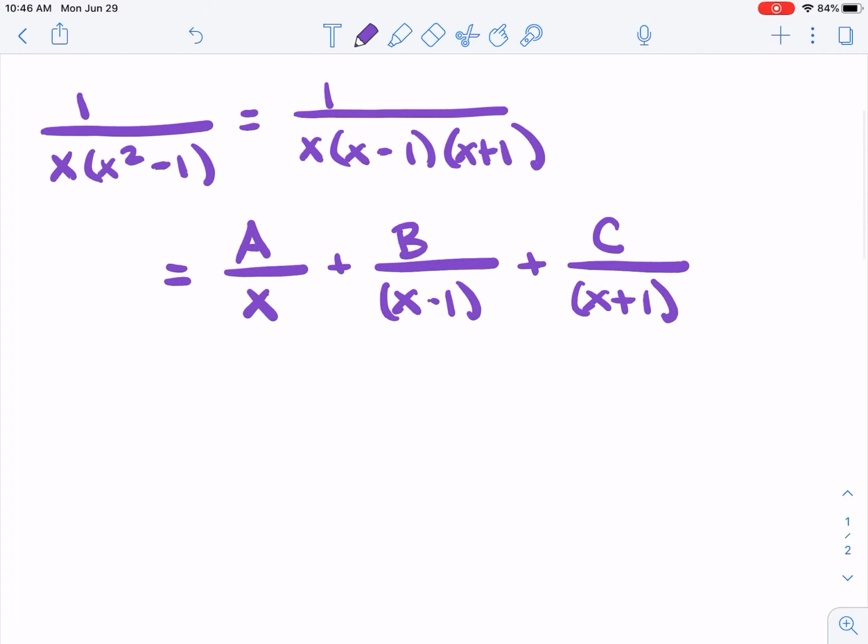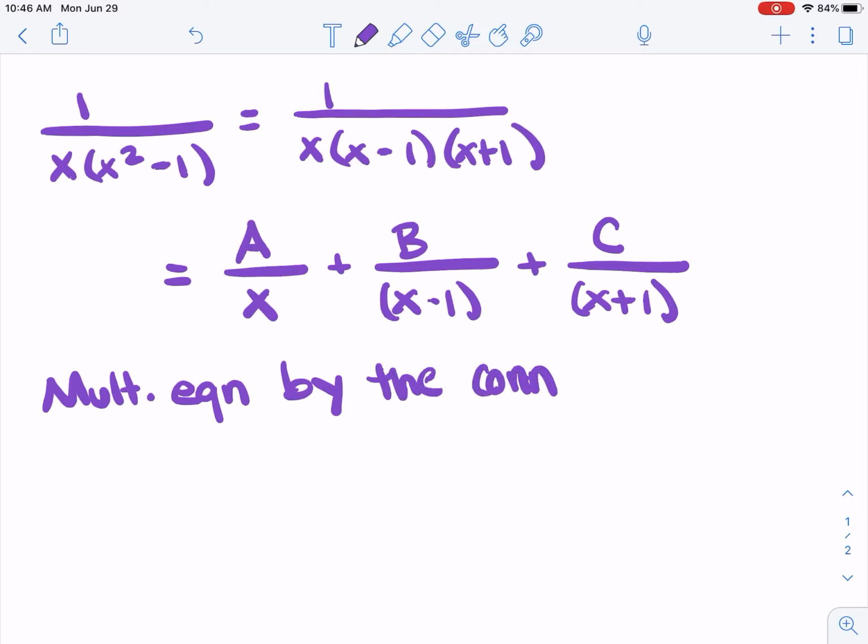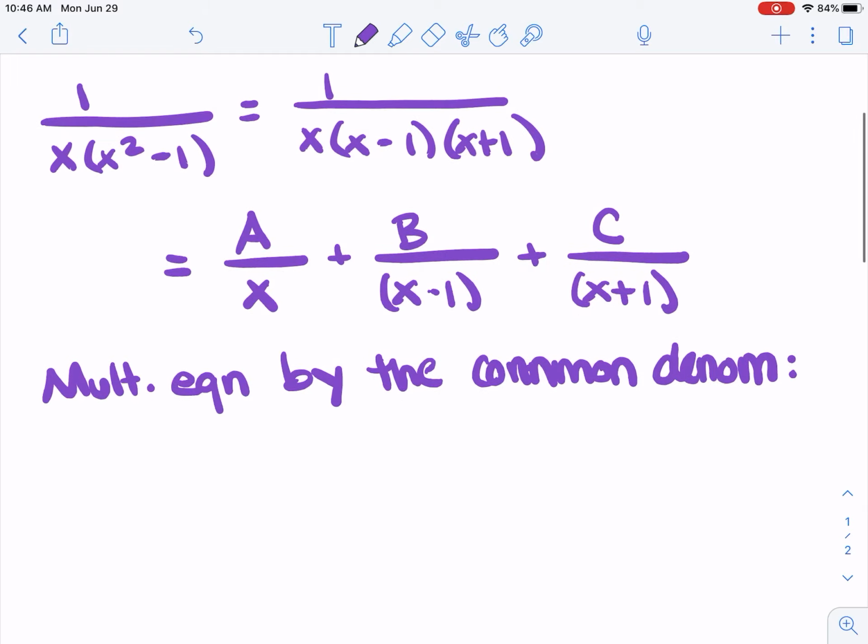Now the way we do this is we're going to multiply the equation by the common denominator. So multiply everything through by the common denominator. That cancels the common denominator completely on the left-hand side.